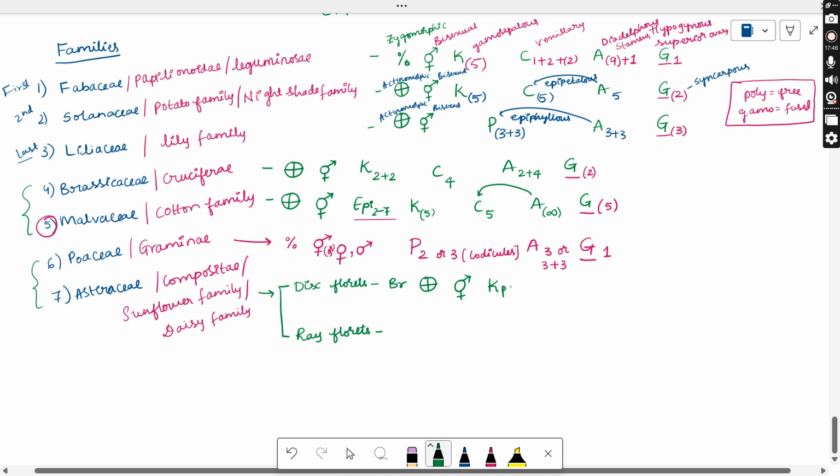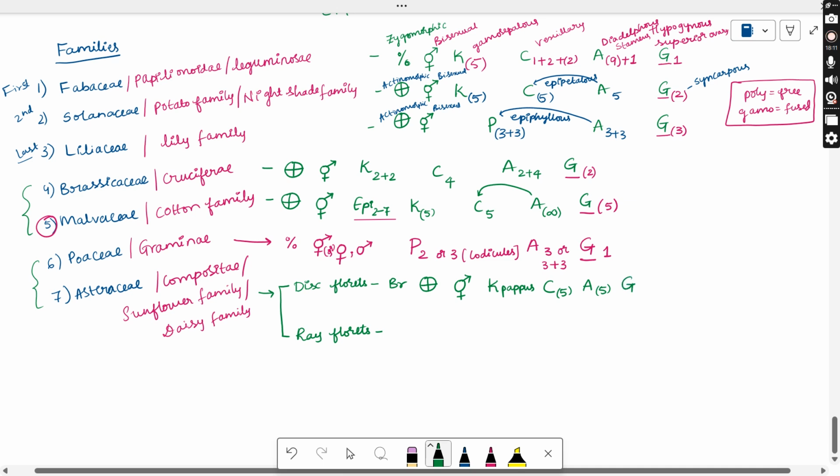That calyx, we call it a pappus. So many calyx are present. The uncountable sepals are arranged. So we call it a pappus. And coming to the corolla, 5 petals are present which are in fused condition, that is gamopetalous. And coming to androecium, 5 stamens are present which are in fused condition.